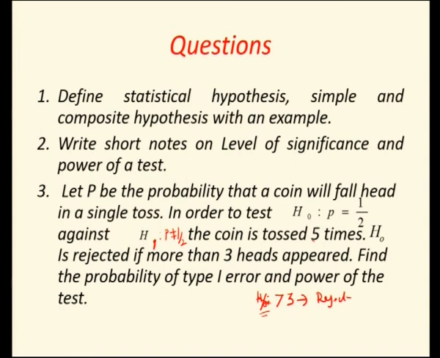Since it is tossed 5 times, less than 3 will be your acceptance region. You can find the probability of type 1 error and the power of the test, that is, the alpha value and the 1 minus beta value. Thank you.